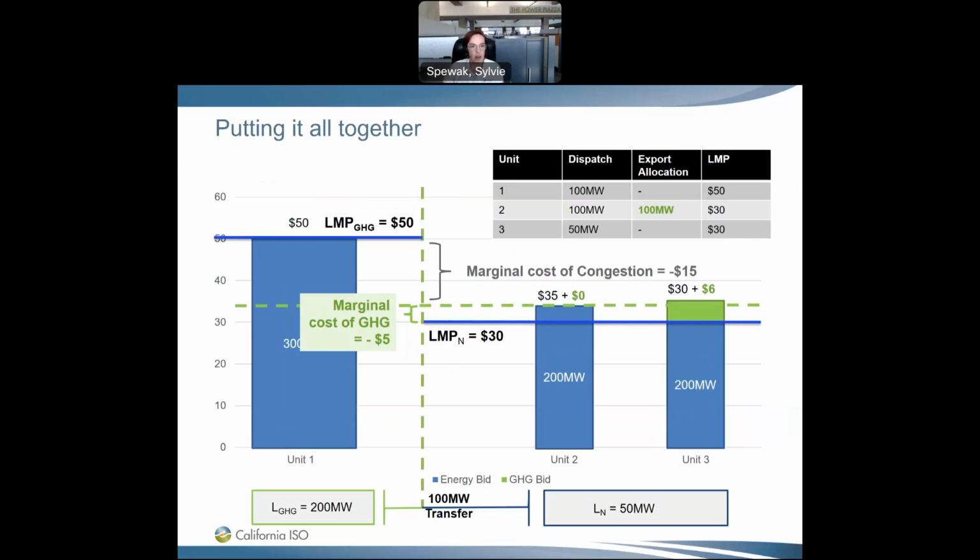So in the example on your screen, you see the LMP in the GHG area is $50 per megawatt hour. The LMP in the non-GHG area is $30. That difference of $20 can be accounted for by $15 in congestion and $5 in GHG.